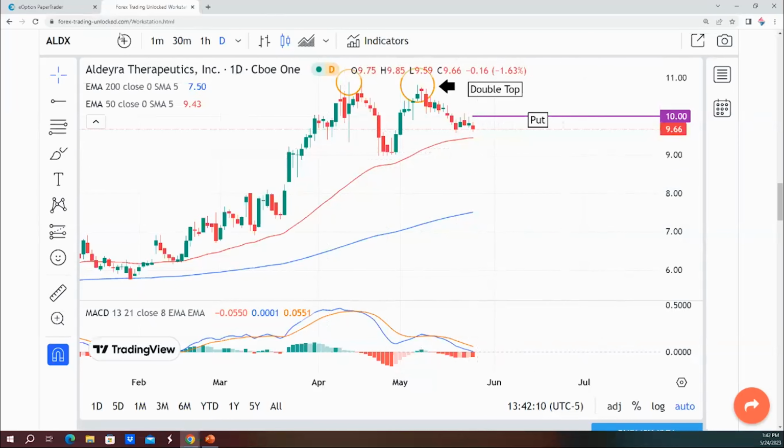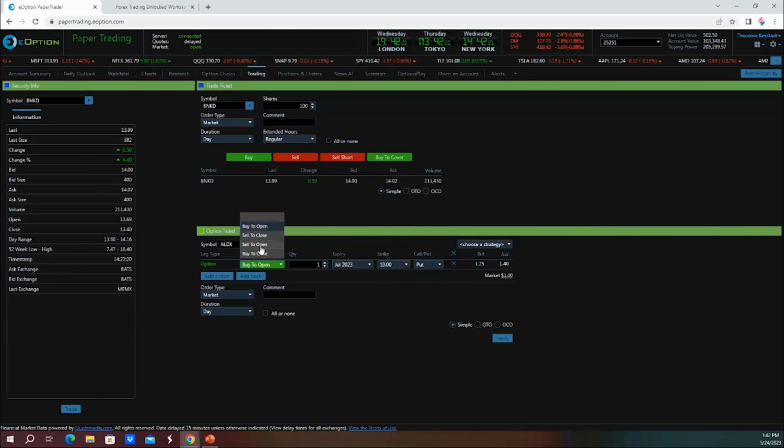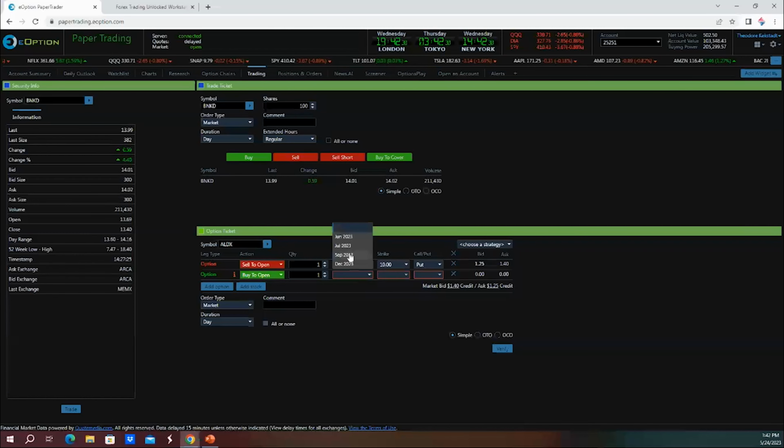So let's see, here's a $10 strike price. So 10, there's 12.50. So let's see, what if we were to sell to open this one and then buy to open the July 12.50 put.